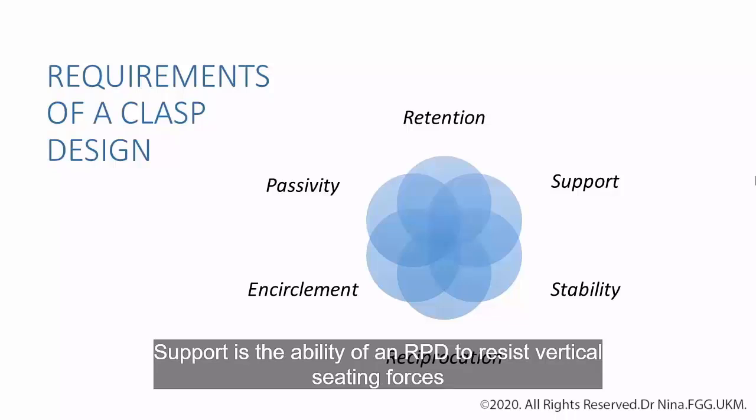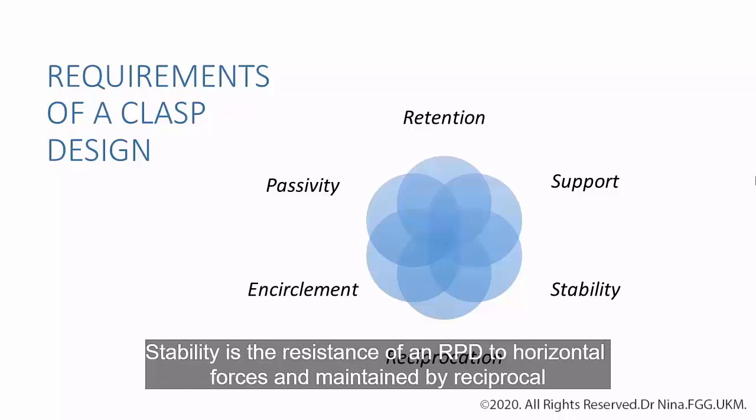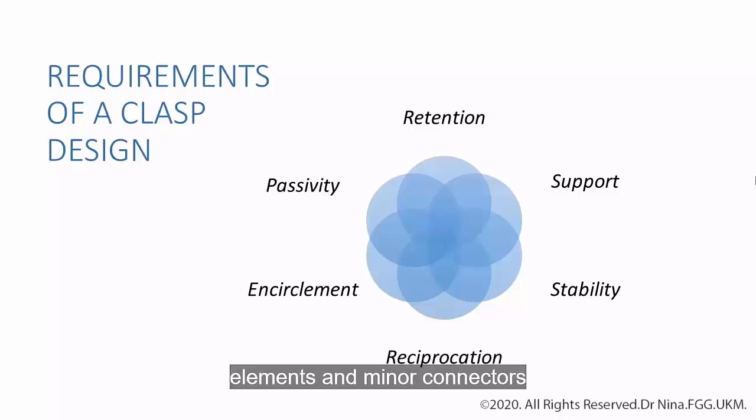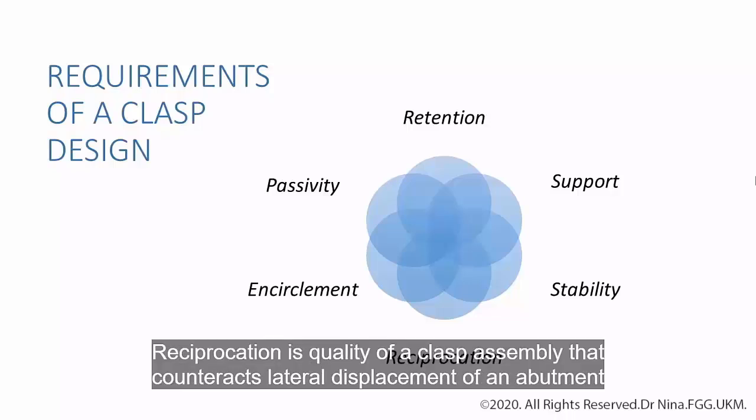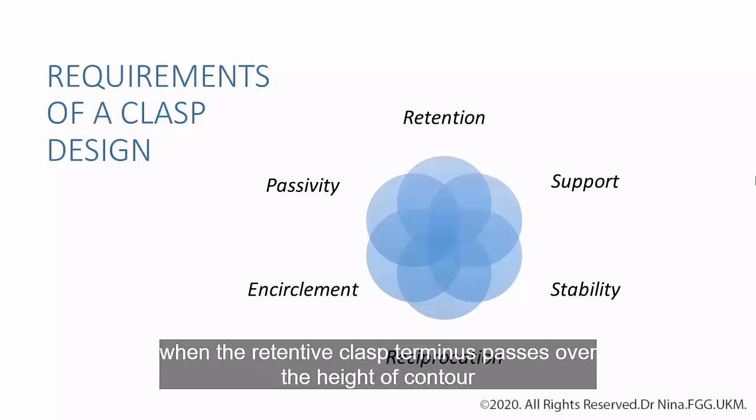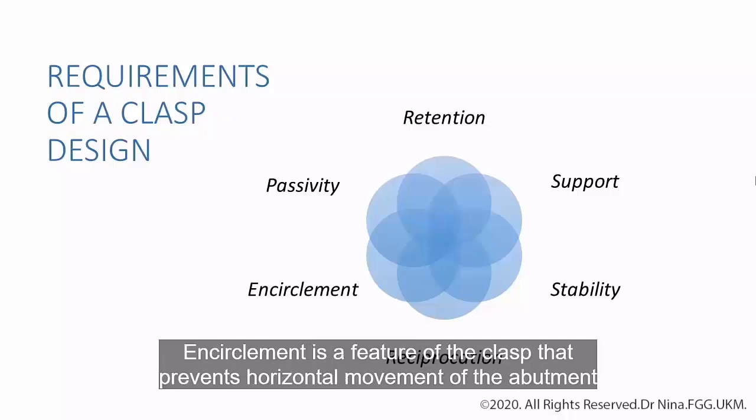Support is the ability of the RPD to resist vertical seating forces. Stability is the resistance of an RPD to horizontal forces, maintained by reciprocal element and minor connector. Reciprocation means the quality of a clasp assembly that counteracts lateral displacement of an abutment where the retentive clasp terminus passes over the height of contour.